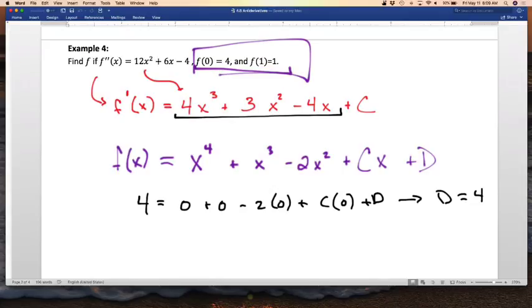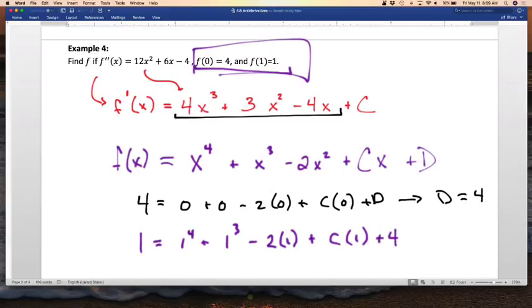Now that we know that d is 4, we can use the other point to find c. So if we have f of 1, if we plug 1 in for x, we get 1 out. So we got 1 to the 4th and 1 cubed minus 2 times 1 plus c times 1 plus d, which we now know is 4.